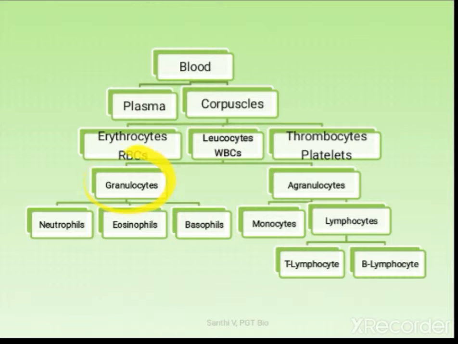Granulocytes can be classified into three: neutrophil, eosinophil and basophil. Agranulocytes can be classified into monocytes and lymphocytes. In lymphocytes there are T lymphocytes and B lymphocytes. Lymphocytes are the main component of the lymphatic system, and they are in blood also.